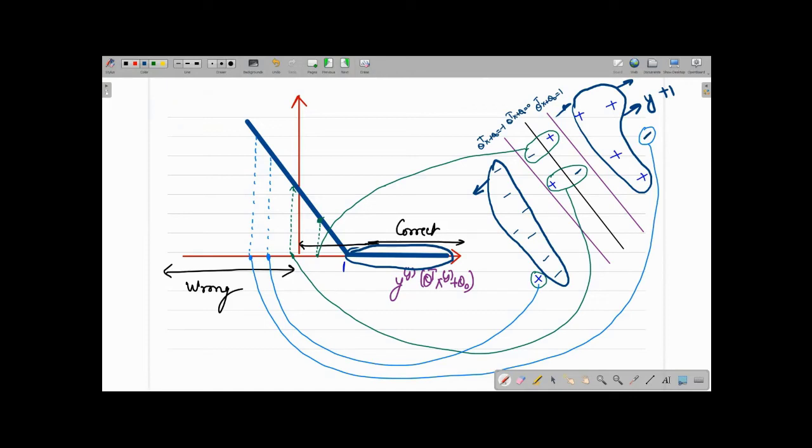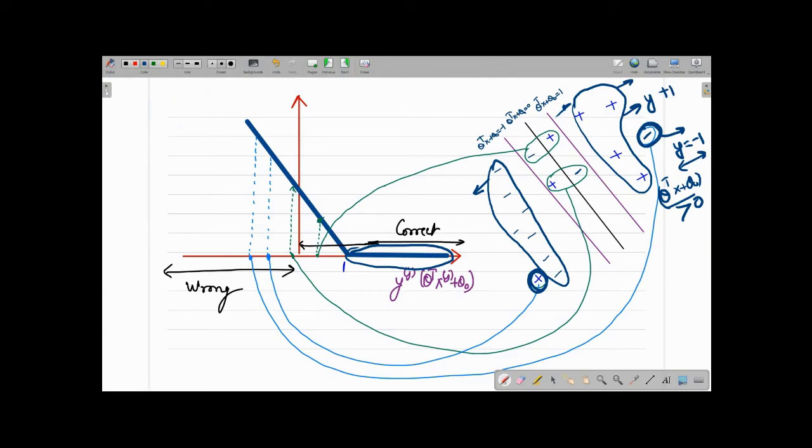Whereas if you see these points, this point and this point, what is the problem? The problem is in this the label is minus and it is lying on the positive side of the hyperplane. So your theta transpose x plus theta 0, this value will be greater than 0, but this value is negative. So multiplying both of them will be a wrong decision.